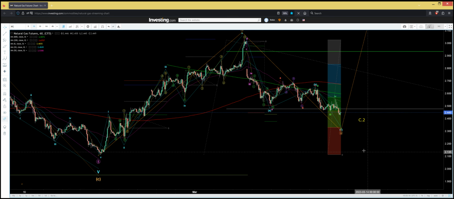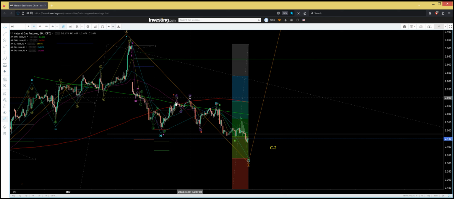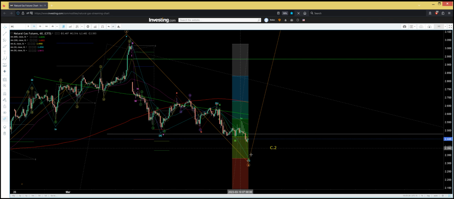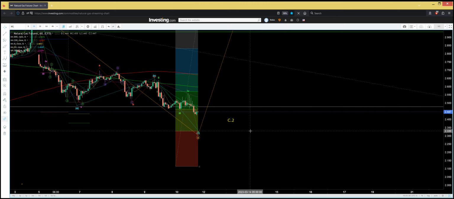So going forward, after this is terminated, given the count is correct, can't always be right, we try, this would be the 0.236 level right in here, which is 2.33, and it could very well go right into this price territory over here.